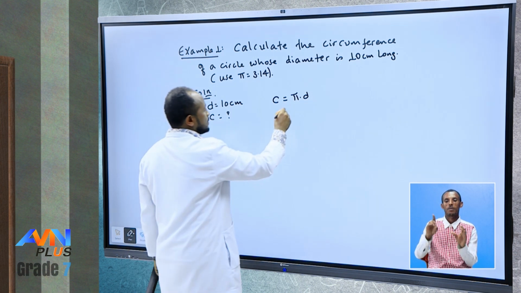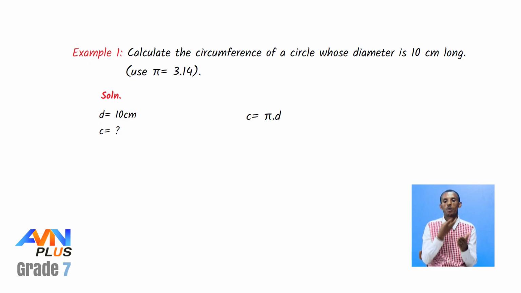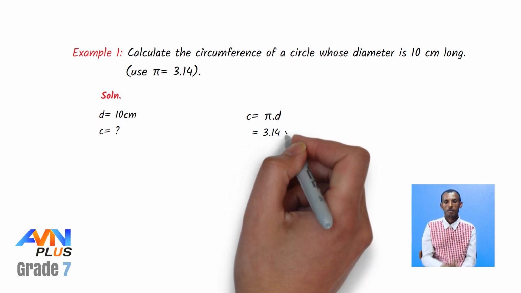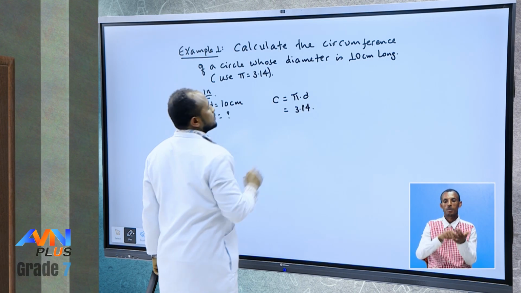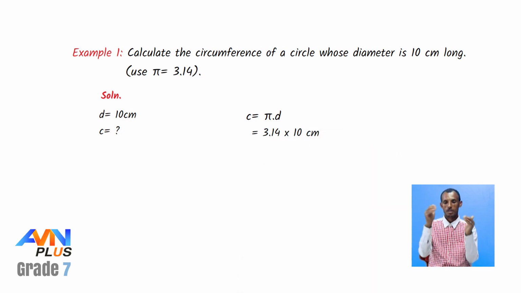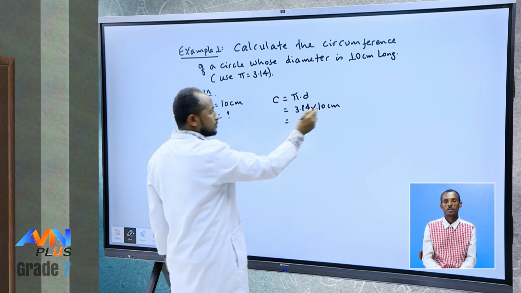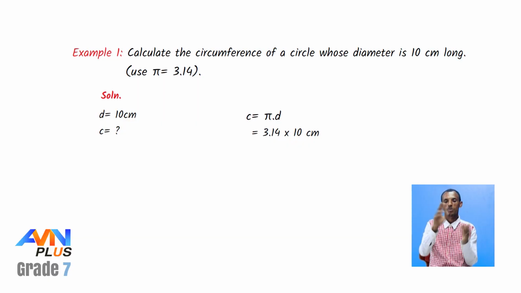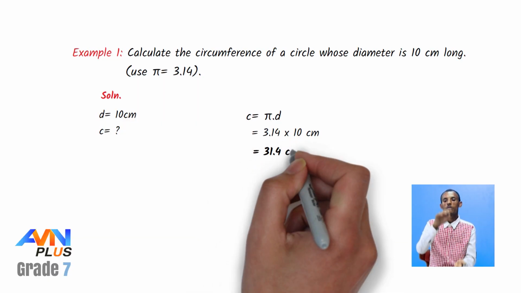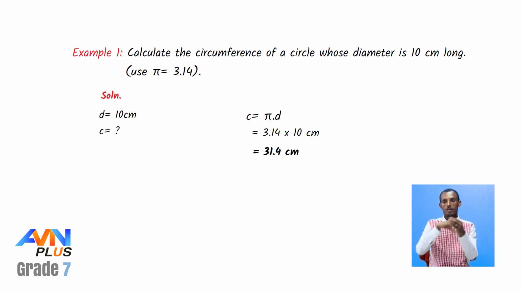Therefore, here we can use pi 3.14. It is 3.14 times the diameter, which is 10 centimeter. So the product of these two gives us 31.4 centimeter, which is the circumference of the circle.